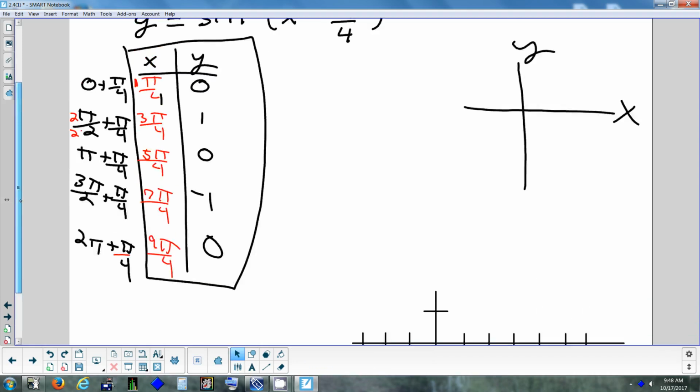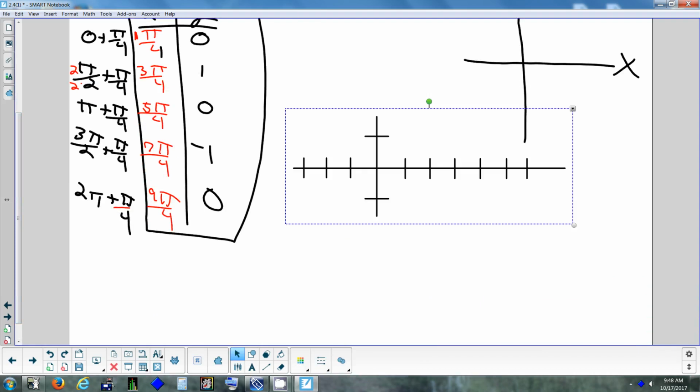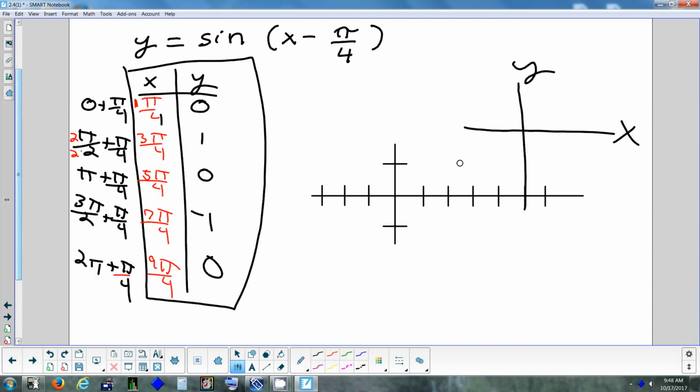Okay, so let's bring this up and start to make our sketch. Gotta be a little careful when you make the sketch here. That's 1. That's negative 1. There's no problem with that.